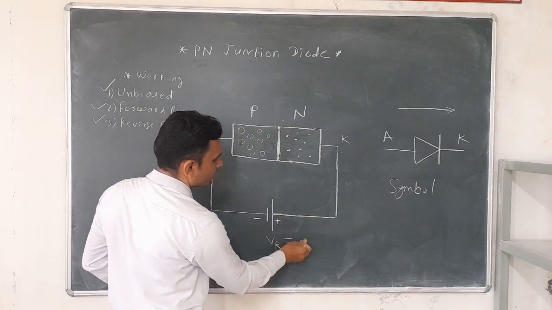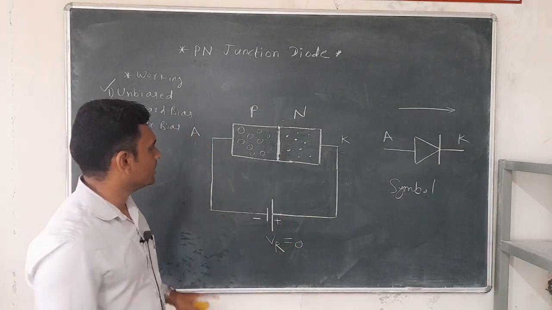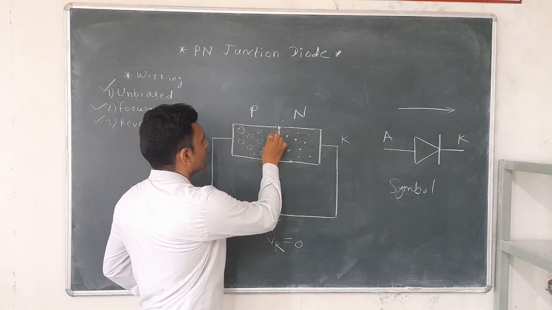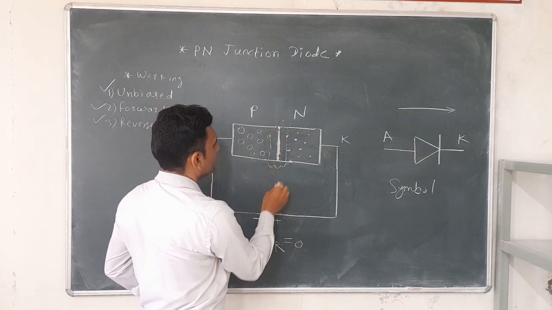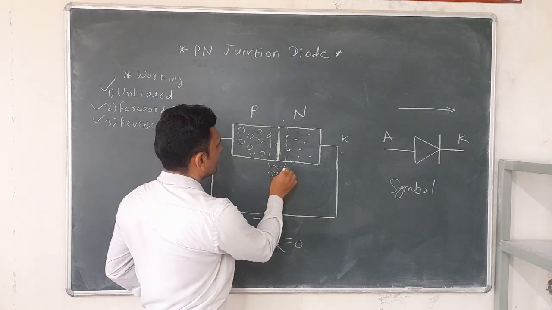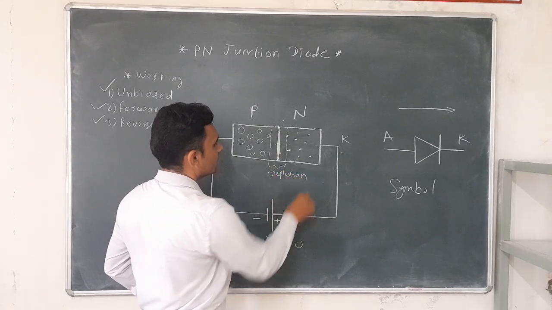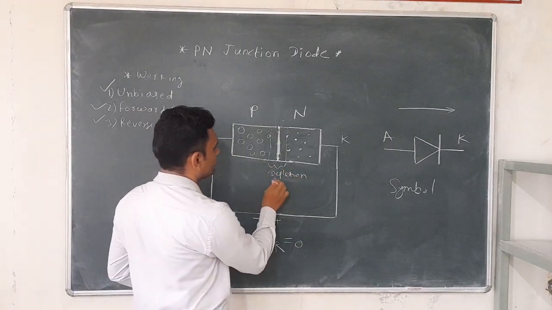Here assume that reverse voltage is 0. When that reverse voltage is 0, that depletion region is present.